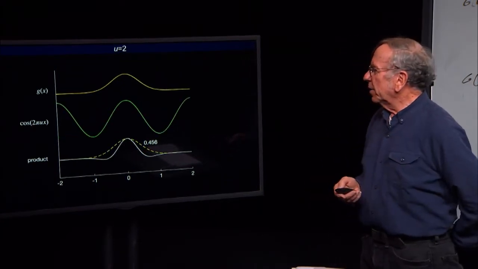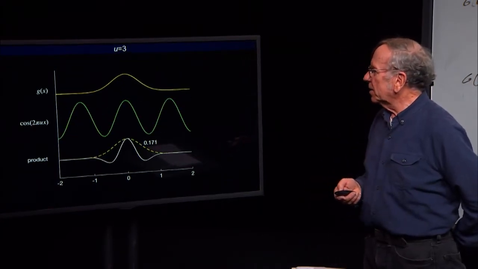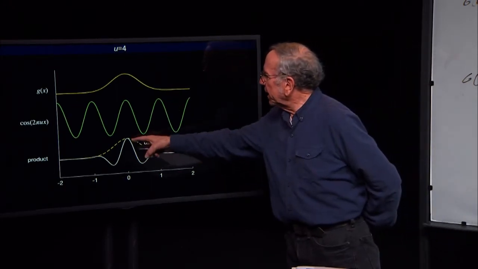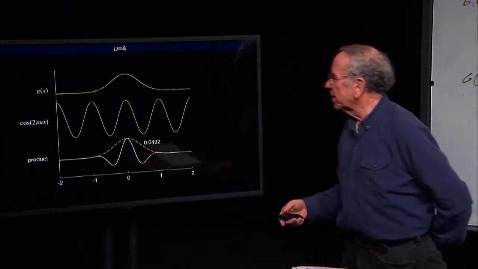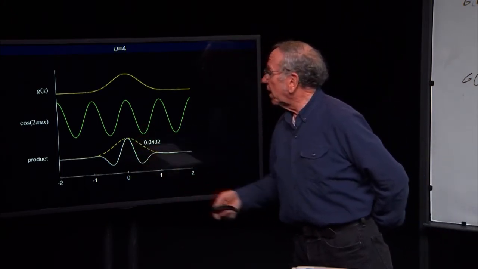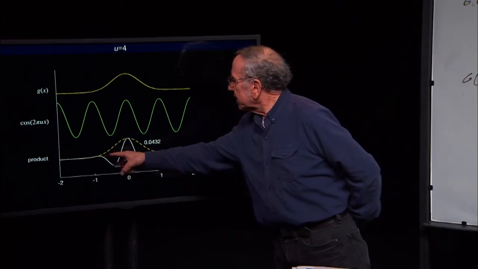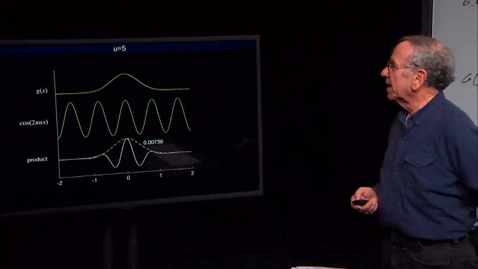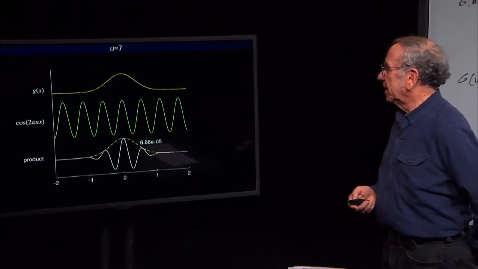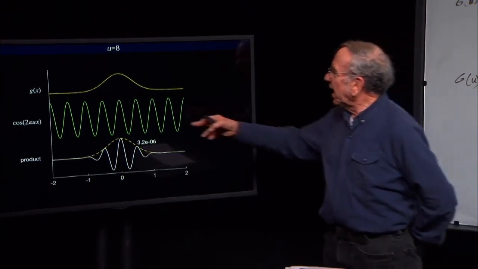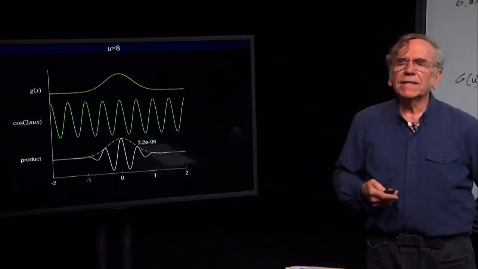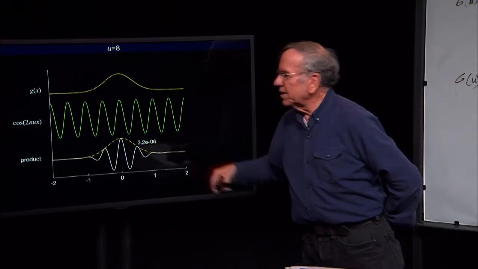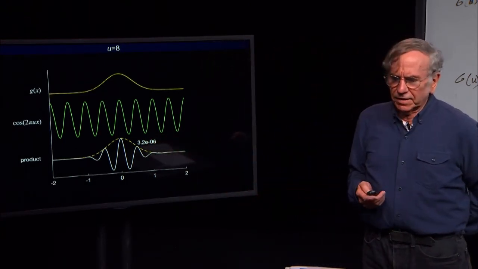So then I start increasing the frequency. As I go to higher and higher frequency, you can see that I'm beginning to get peaks and valleys from the cosine function showing up in the product. And so this whole product is then going to integrate out to a much smaller value. And if I go up to really fast, really rapidly oscillating cosine functions, you can see that this thing averages out to something very close to 0.